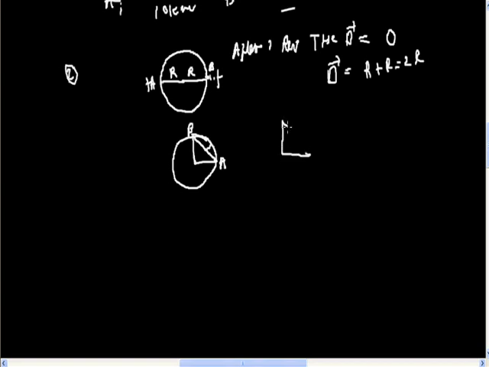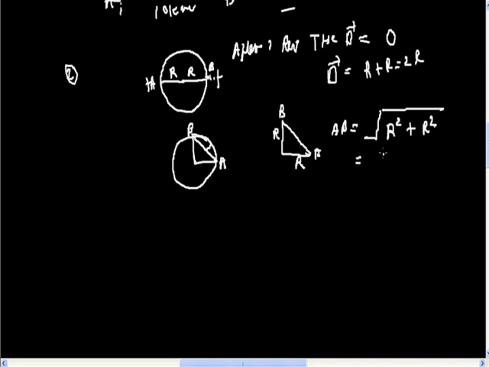There is A and the radius is R. According to Pythagoras theorem, it is a right angle triangle, so R square plus R square is equal to AB square.